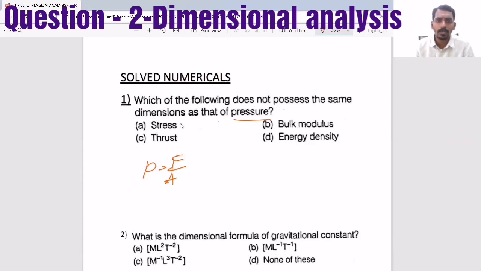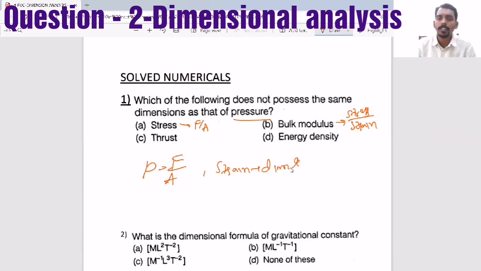Stress is also force by area. Bulk modulus is stress by strain, but strain is dimensionless, so obviously bulk modulus has the same dimension as stress. Thrust is also force by area.